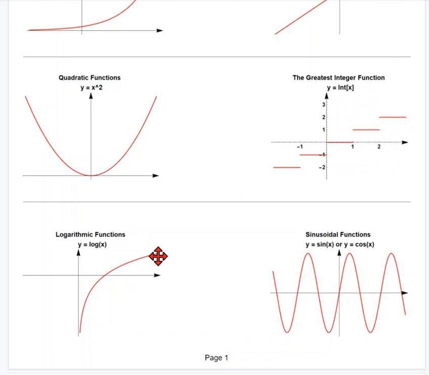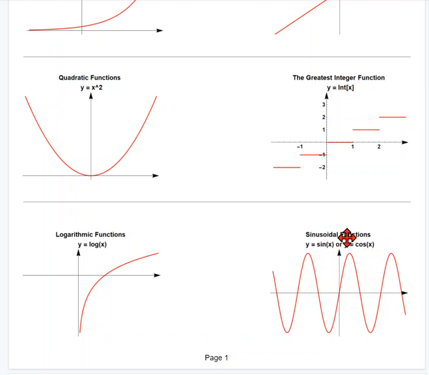Logarithmic functions we need to be familiar with. The standard logarithmic function has a domain greater than 0. X has to be positive for the input, but the range is all real numbers. These sinusoidal functions are functions that you may not have seen previously. We're going to work a lot with them this year, and we'll talk about the sine function and the cosine function.